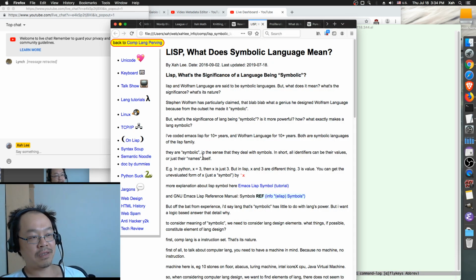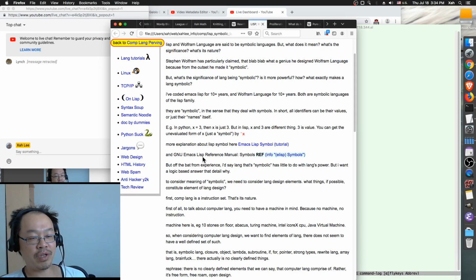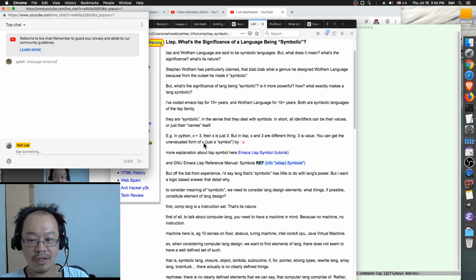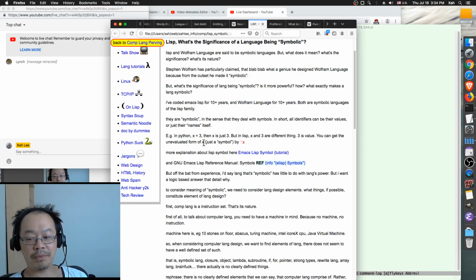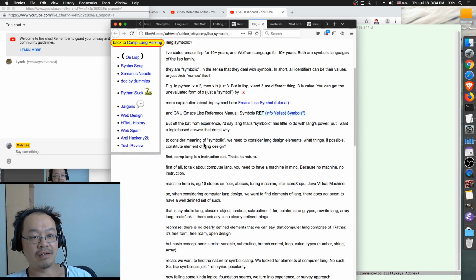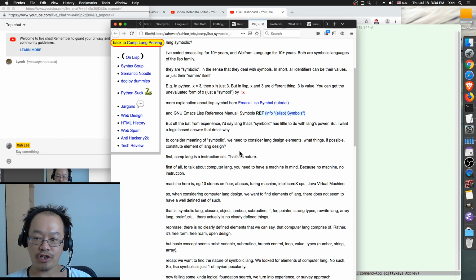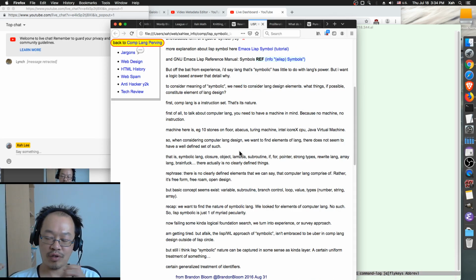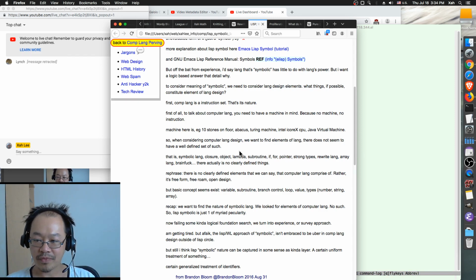So what is the purpose of symbolic languages? That is my question. As far as I understand, the purpose of symbolic languages is that they allow symbolic pattern matching, which in other words is the feature of term rewriting. Meaning that you can take the whole source code, or an expression of source code, in a symbolic form.